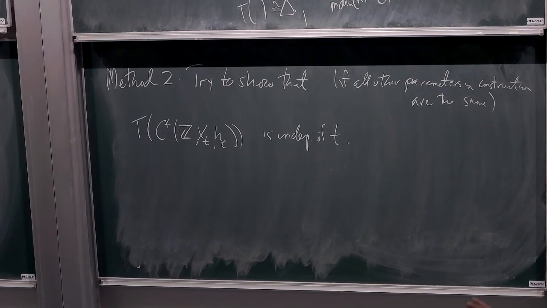And for Z, the small boundary property, I think, is known to be equivalent to mean dimension 0. For Z of the D, this is open. So if you want to use method 2, then presumably this would work.